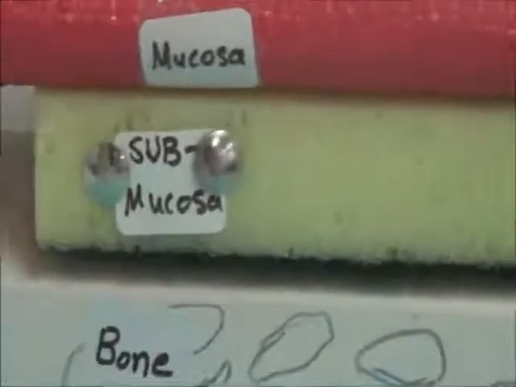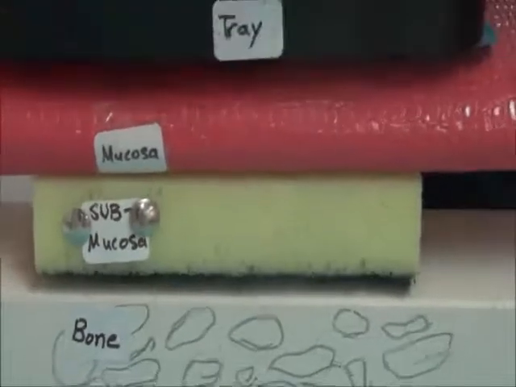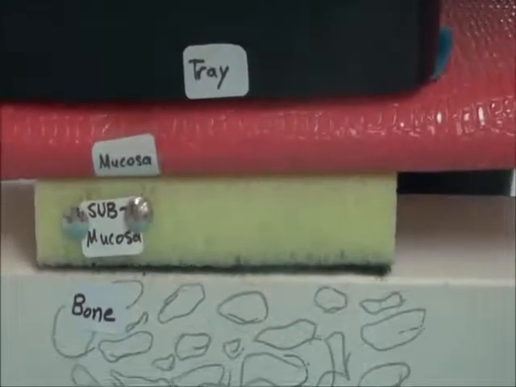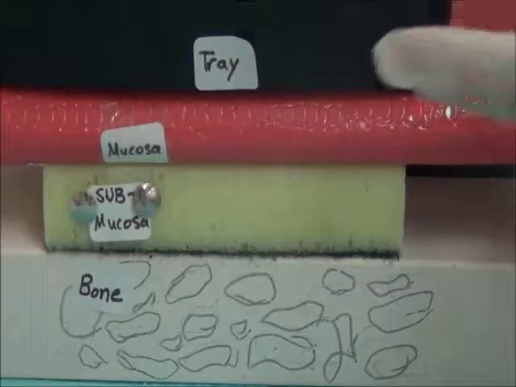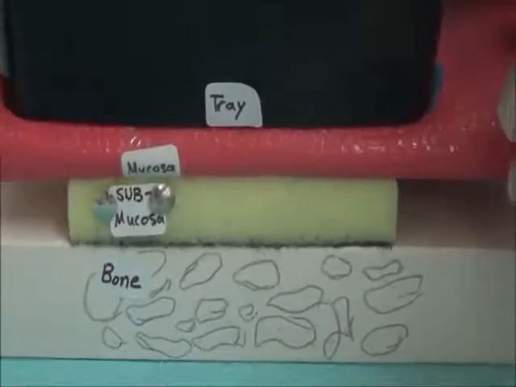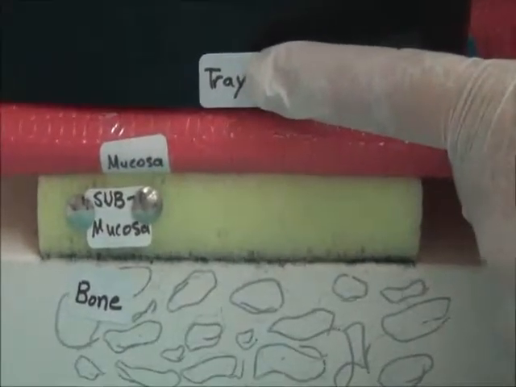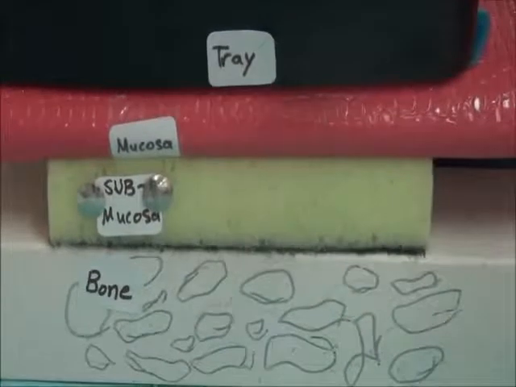If I bring a tray and place it over this mucosa and tissue and press without any spacer, that means the tissue will be recorded at this stage, which is the compressed stage. So I'm trying the tray at the beginning like this.